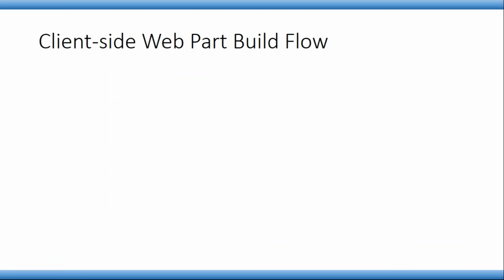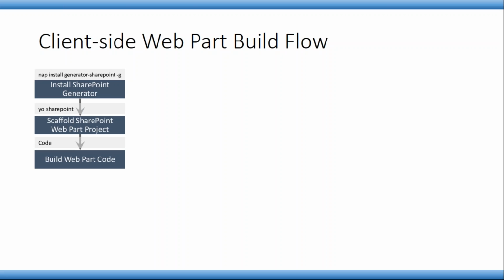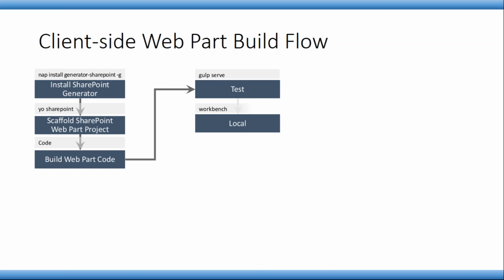The workflow we follow for building SharePoint Framework web parts is to first install the SharePoint generator. Then we use the Yeoman template to create a folder structure with the baseline code for a SharePoint Framework web part. Then we start building and testing our web part. We will use gulp serve. This is a specific piece of software that allows us to load the Workbench and test how our web part is doing.